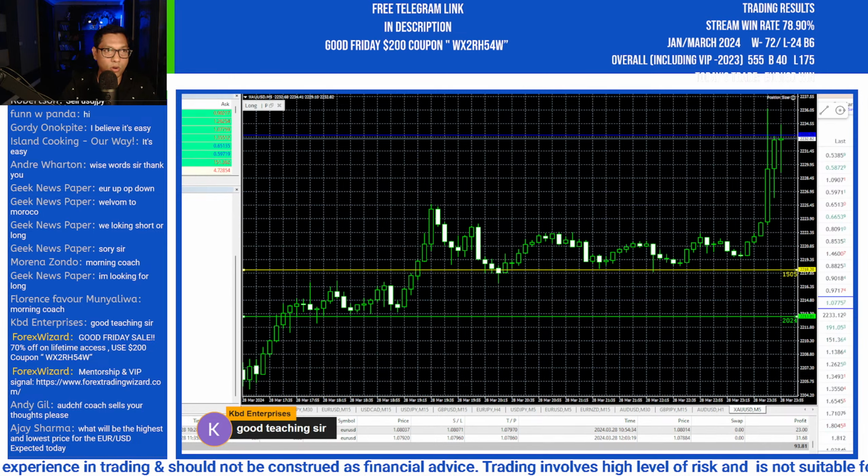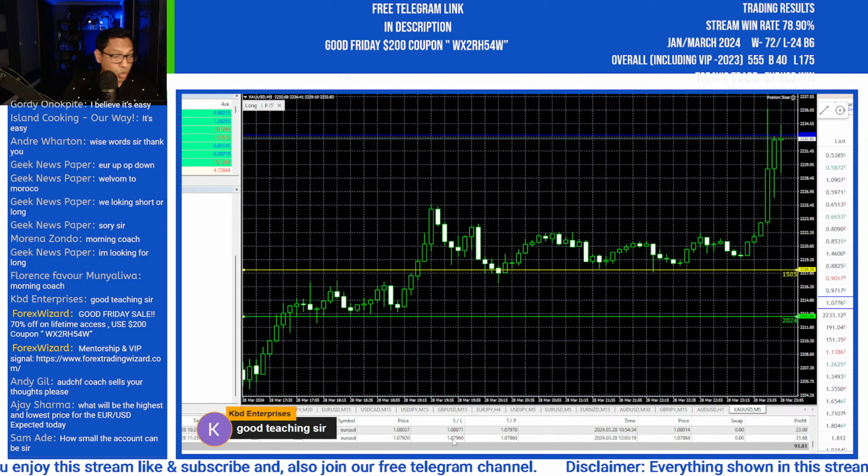Let's see how the trade was executed and what the strategy behind it was. If you look at this live account trade, my entry was 1.0792 and my stop loss was 1.0796, so only a 4 pip stop loss.